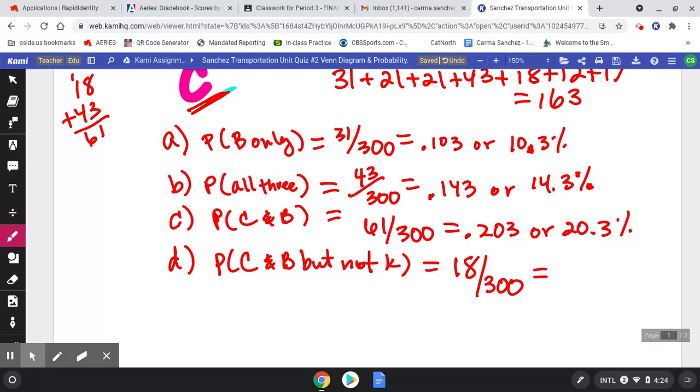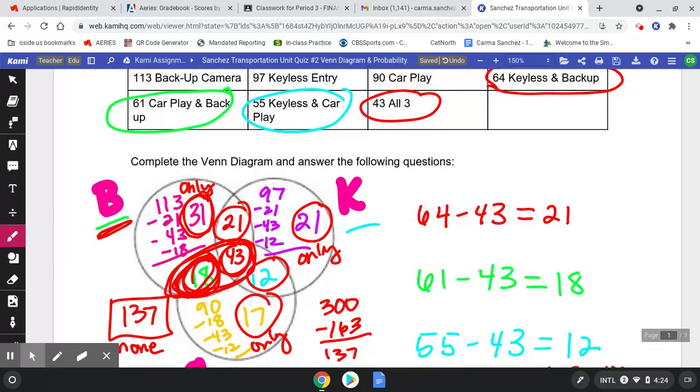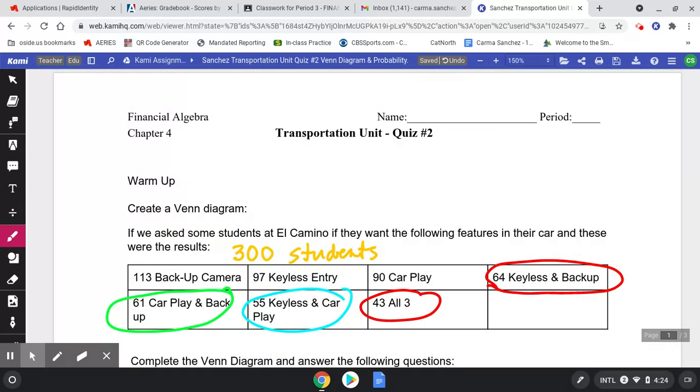Taking the calculator and dividing. All right. Hope that helps you get warmed up so that you are ready for the test, the quiz.